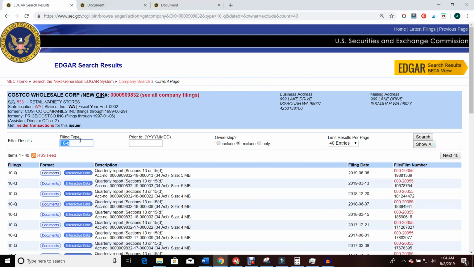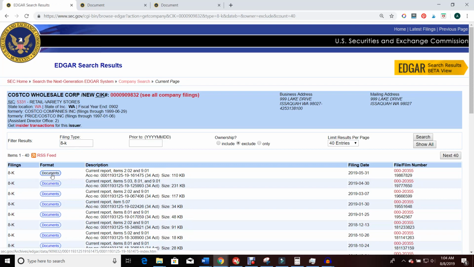And if you're researching a company, you definitely want to look up their latest 8K filings. So 8K filings are basically news releases that are deemed important enough that investors should know about. So things like if the company is being acquired, if they're acquiring another business, if one of the high-level executives left the company, or if they're entering a new line of business, or if they're announcing their earnings releases.